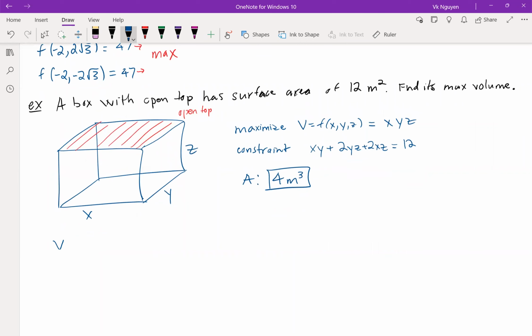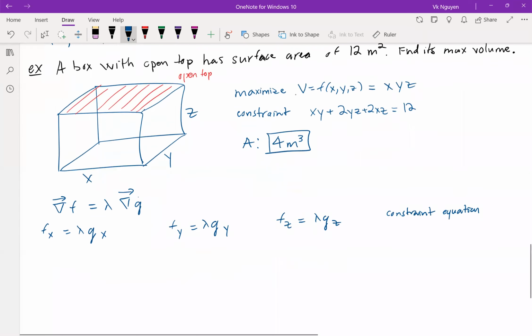When you do this, you're going to get 3 equations with lambda, and then a constraint equation. For 4 equations and 4 unknowns, you can do whatever you want.